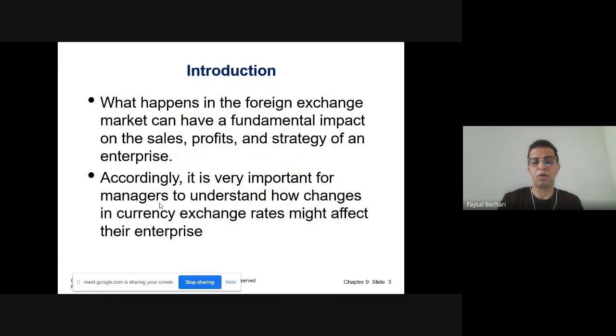As an introduction, what happens in the foreign exchange market can have a fundamental impact on the sales, profit, and strategy of an enterprise. If the value of their money keeps going down or keeps going up, this has a fundamental effect on sales. Whether you're exporting there or importing from there, it affects the profit level you're looking for and the strategy of an enterprise.